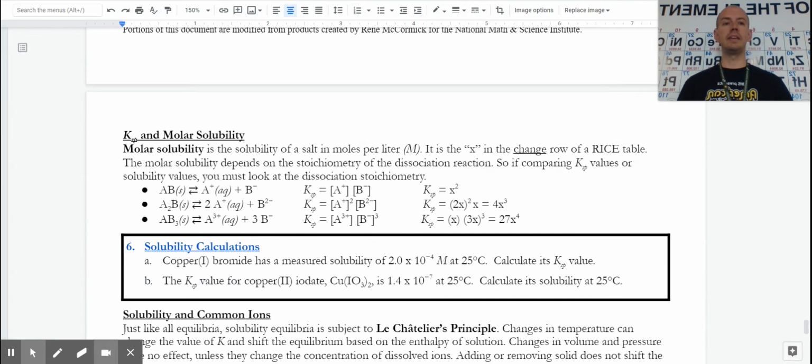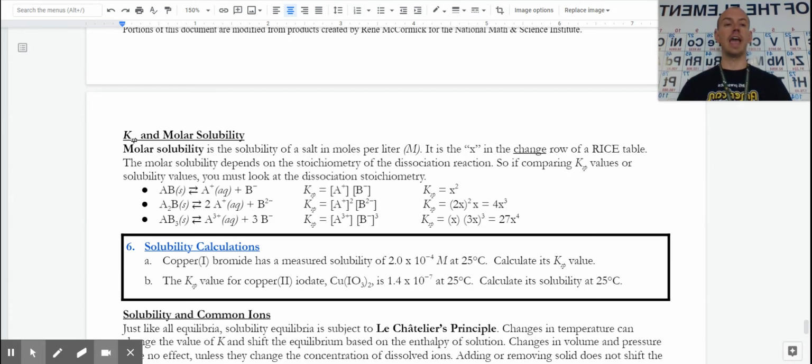And when we are doing these calculations, it's the same idea as before. We have a reaction. The reaction is a solid breaking into ions. We've got that right there. We have initial amounts. Most of the time, we think about those initial amounts as being 0. We put a solid into pure water, no initial amounts. The change is based upon our subscripts, which become our coefficients. How much of that ion are we making?